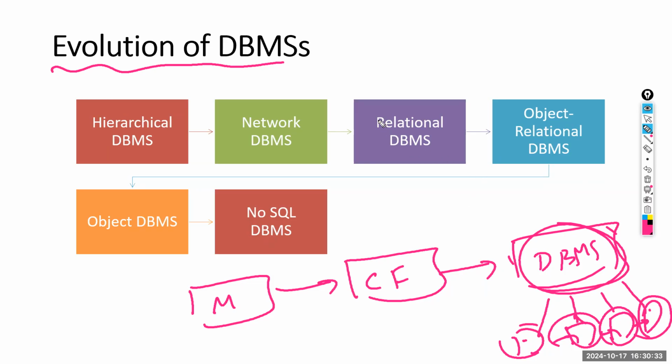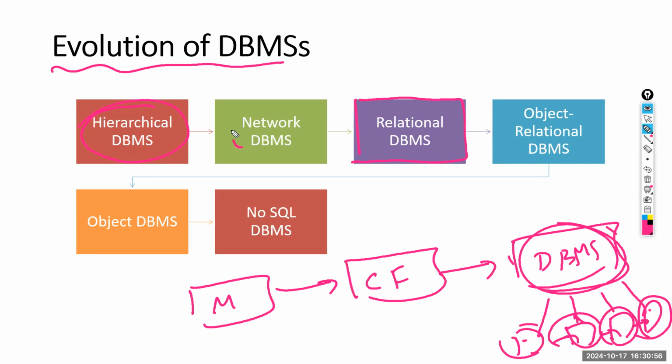Right. So we are really interested in relational DBMSs. But that is not the first type of database management system computer engineers and software developers developed. So the first type of database management systems tried out in 1970s, we call it hierarchical DBMSs.